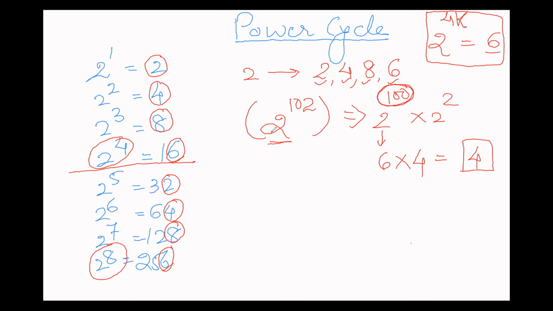Similar to power cycle of 2, I can find out the power cycle for all the numbers. So let me give you the power cycle of all the numbers. Let's start with 1. Power cycle for 1 is 1. 1 raised to power anything is always going to be 1. That will give me the power cycle for 1. What about 2?